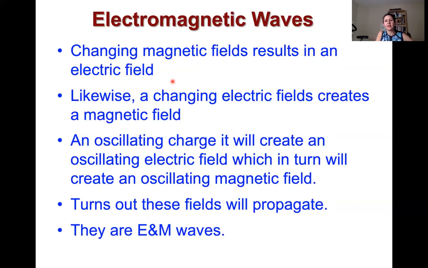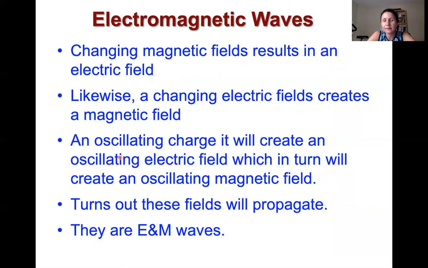Well, they result in current moving, so that's actually an electric field, or their charges moving, so it's a changing electric field. Likewise, a changing electric field will create a magnetic field, because we saw that from last week when we have a current that's changing electric fields and that generates magnetic field.